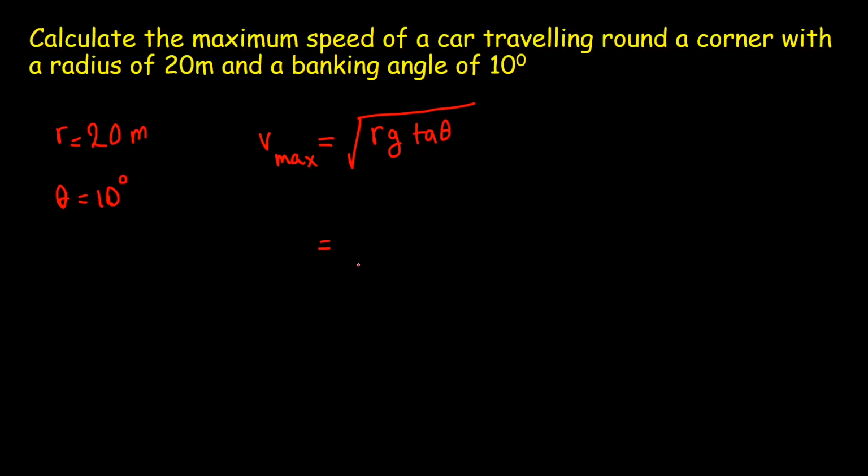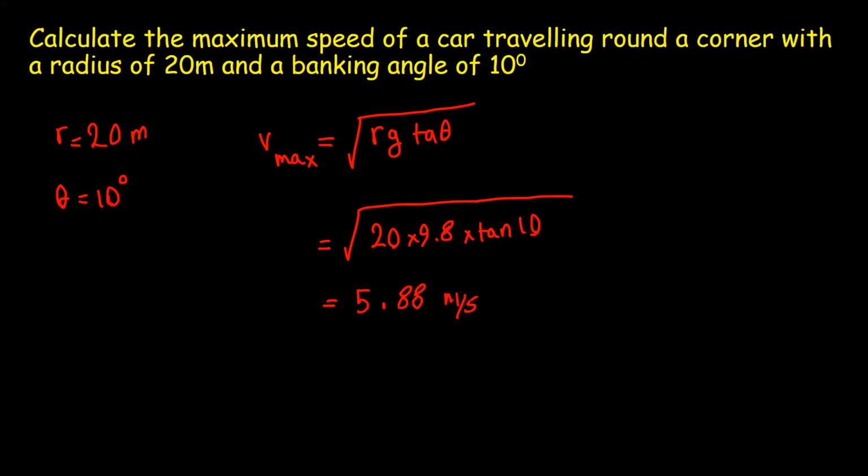So V max is equal to 5.88 meters per second. However, if you get this question, you need to prove the formula before solving the problem.